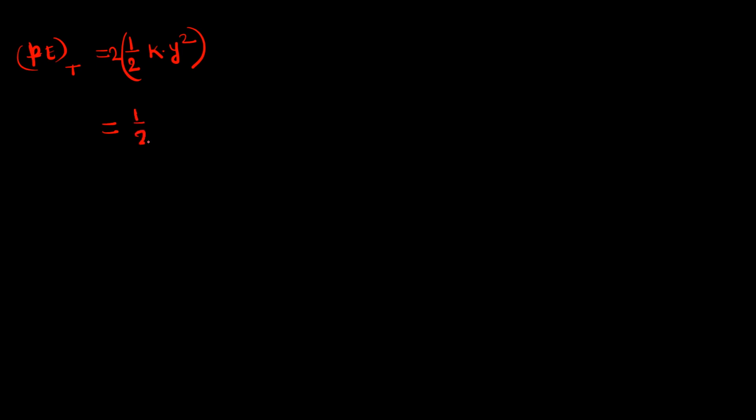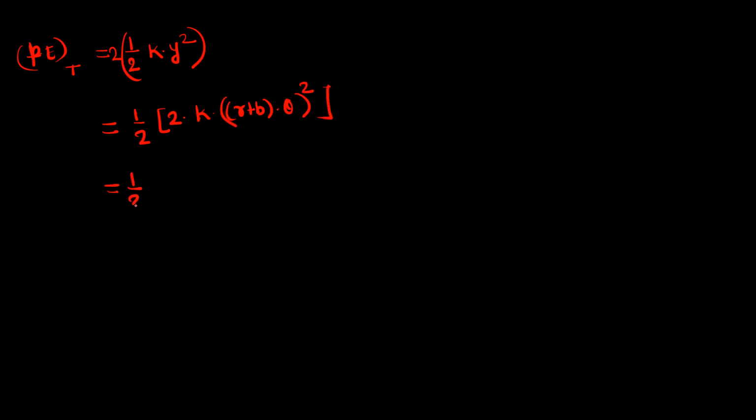1 by 2. I will write this in a standard format: 2k and Y, where Y is (r plus b) theta, whole square.